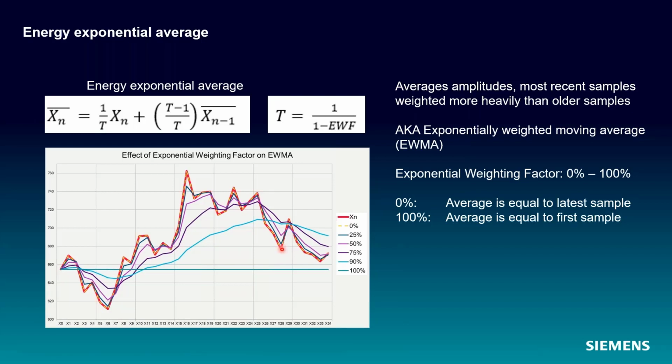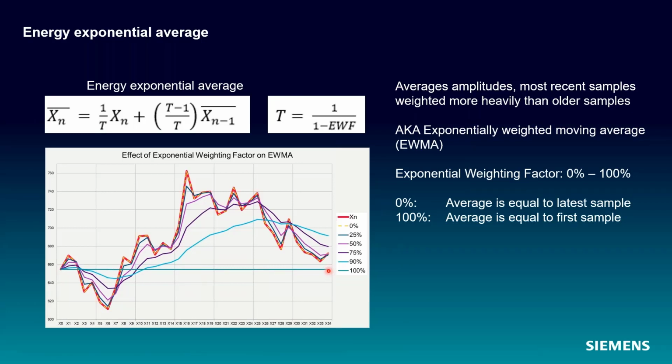The opposite end of that spectrum, where you're saying, give 100% of my focus to the oldest data we have, or the pre-existing data. And so if I set this to 100, it essentially ignores all of the new data and just keeps the first data point. If you go out to 5 or 6 decimal places in Excel or something, you do see this amplitude is moving a tiny, tiny amount, but essentially it's very, very insignificant.